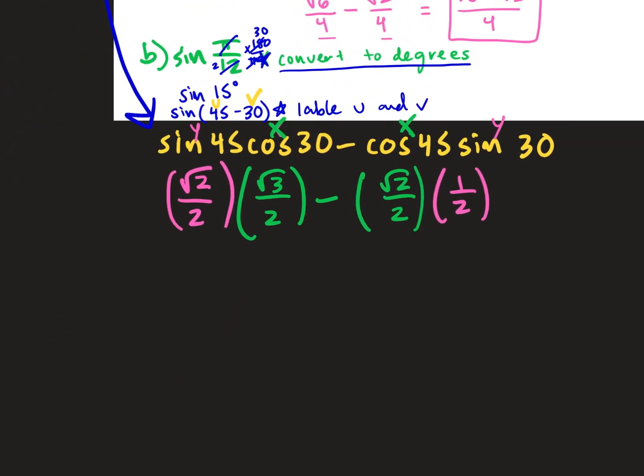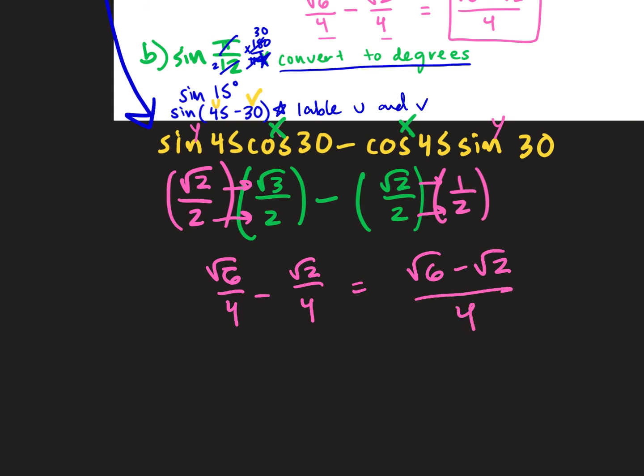And then we just multiply. So when multiplying fractions, multiply straight across. So this would be square root 6 over 4. Again, multiply straight across, so square root 2 over 4. So when we subtract these, it would be square root 6 minus square root 2 over 4.